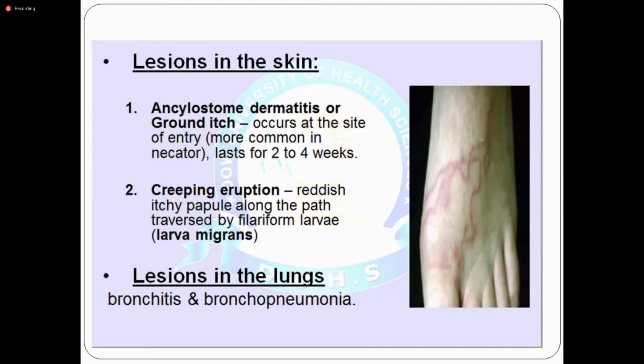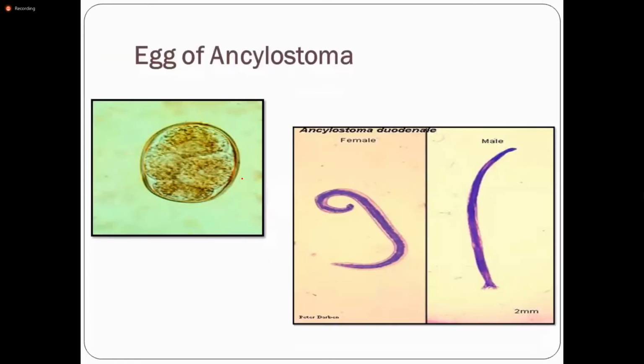You can see here in this foot creeping eruption, or larva migrans, because it migrates or travels. In the lungs they cause bronchitis and bronchopneumonia. The egg of Ancylostoma will be like this, and these are the mature female and male worms in the intestine.